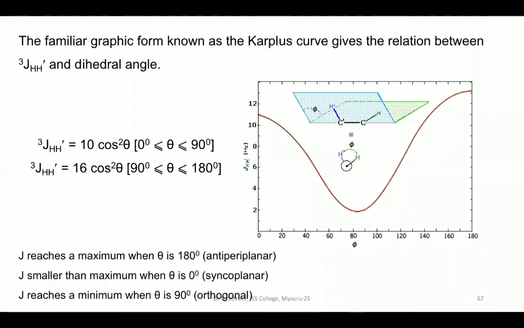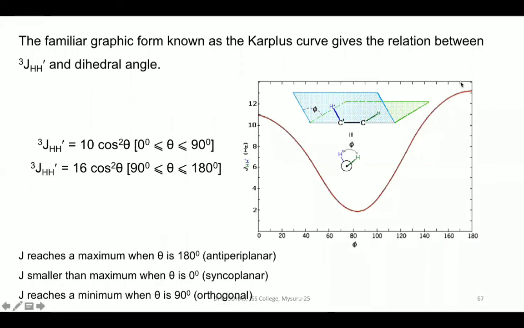So the Karplus curve is the relationship between dihedral angle theta and coupling constant J. How do we explain this Karplus curve? J, the coupling constant, reaches its maximum when theta is 180 degrees. See, this is the coupling constant. It is almost 13 here, and 13 is the maximum.